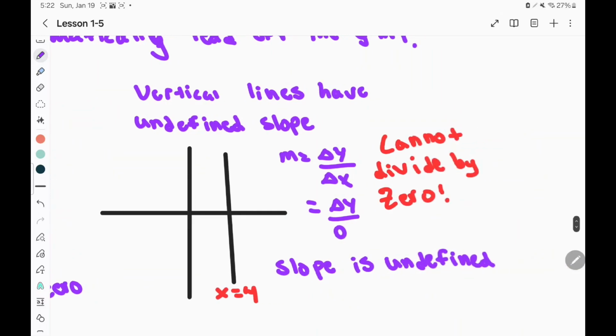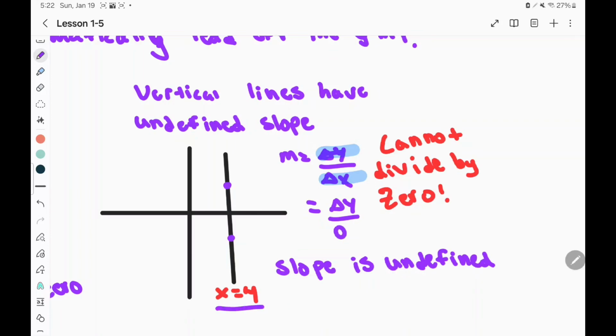Let's look at the scenario for vertical lines. Let's go back to our definition of what slope is. Again, it is the change in y over the change in x. If I look at any 2 points on this line here, remember, a vertical line goes up and down, and the equation for a vertical line would be x equals something.